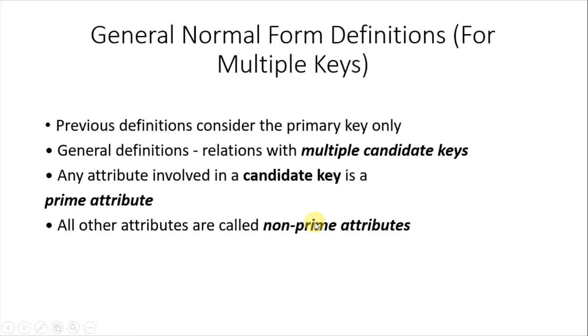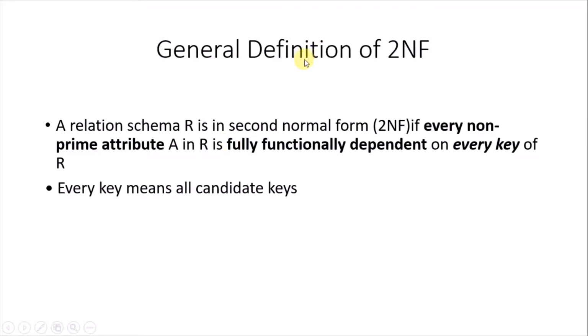And this is the general definition of 2NF. A relation schema R is in second normal form if every non-prime attribute A in R is fully functionally dependent on the key of R. There is a small difference from the earlier definition of 2NF.